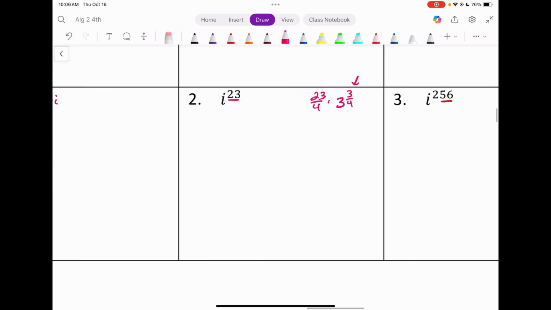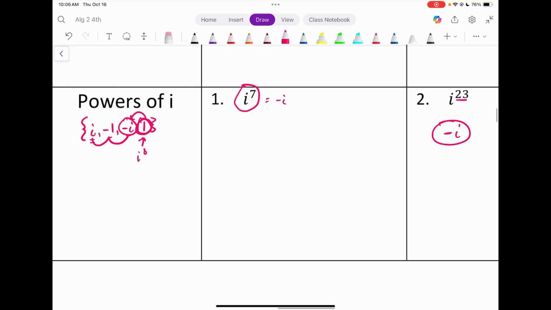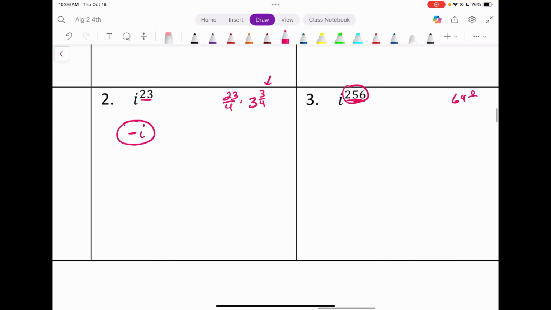So i to the 23rd power would be negative i. For i to the 256th power, again, if you divide this by 4, 256 divided by 4, you actually get 64 with no remainder, which tells us that 256 is a multiple of 4. So since it's a multiple of 4, it's going to fall right there. It's going to be 1.